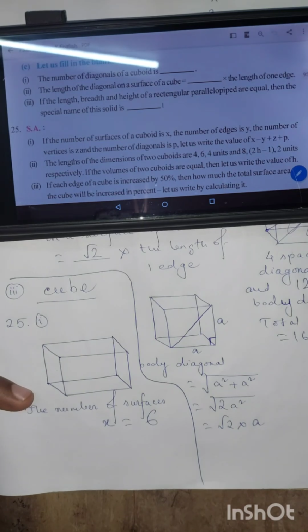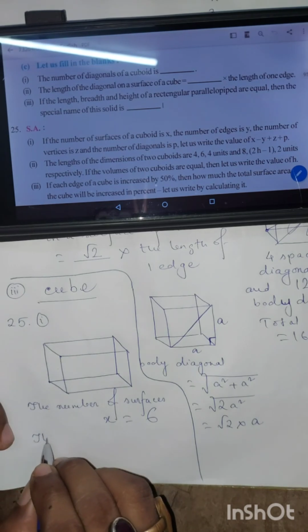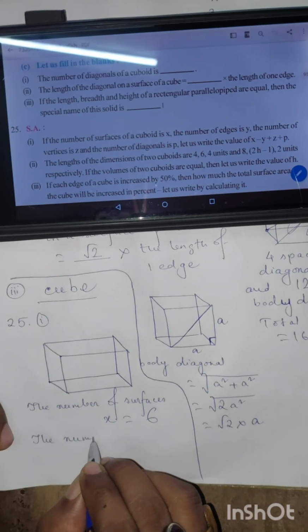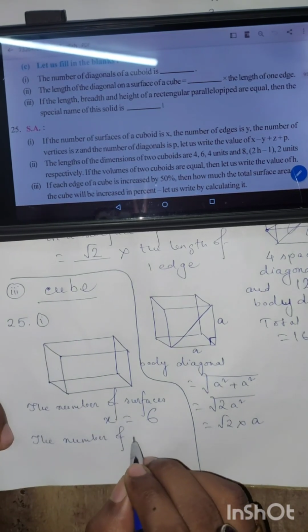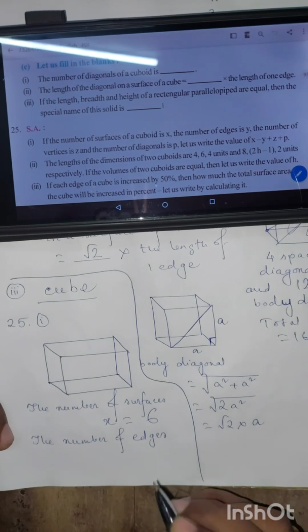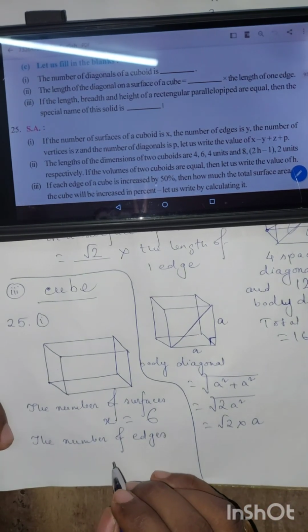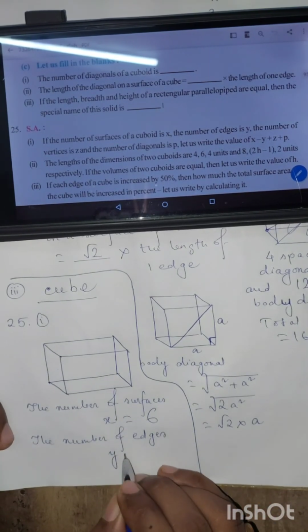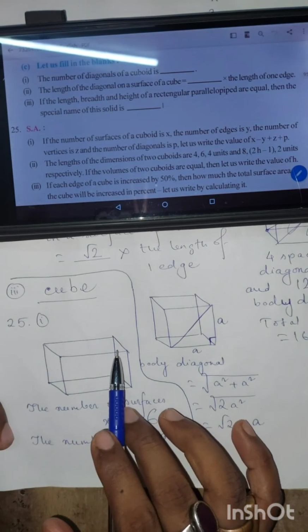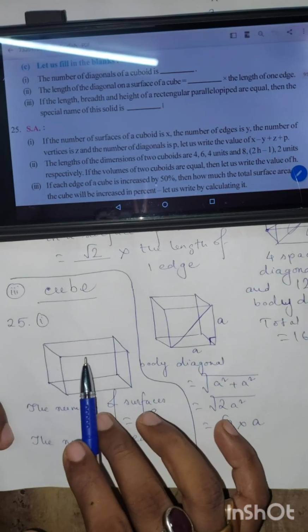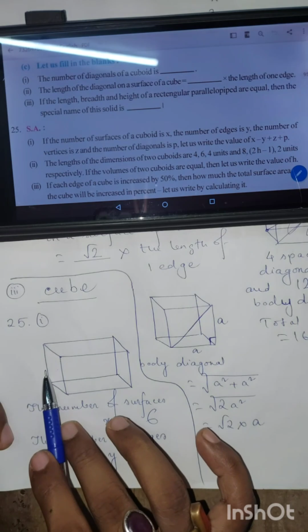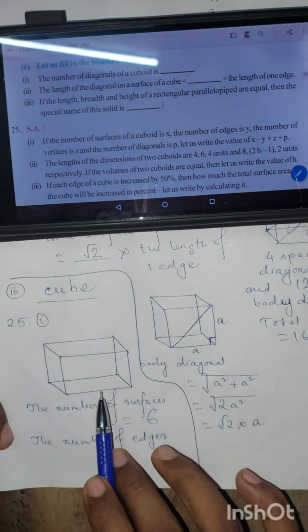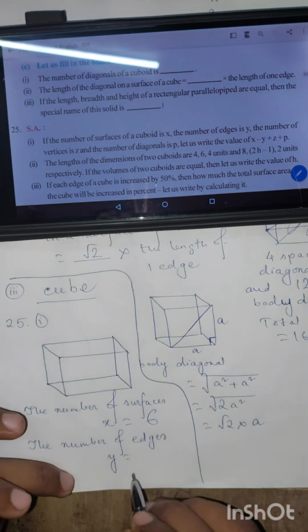The number of edges is y. Counting 1, 2, 3, 4, 5, 6, 7, 8, 9, 10, 11, 12, so it has 12 edges.